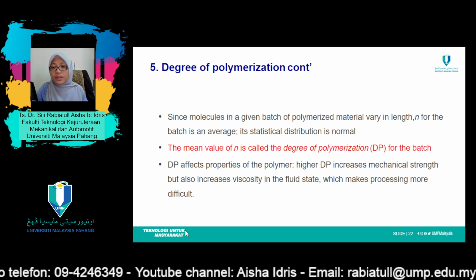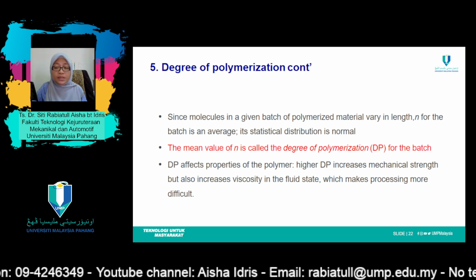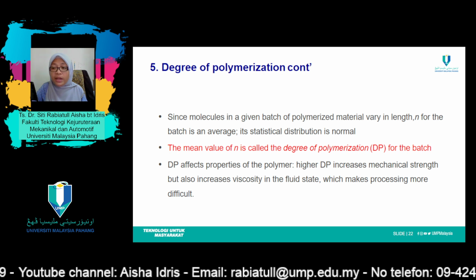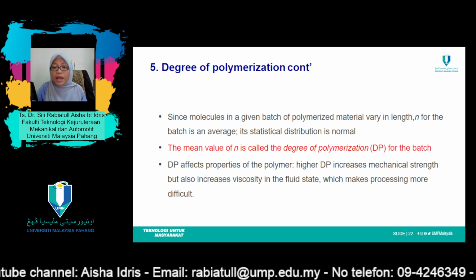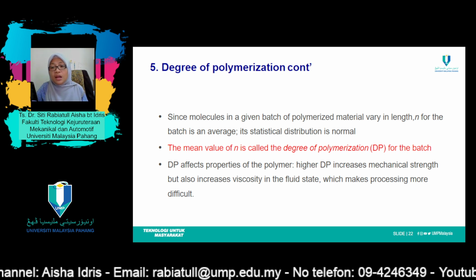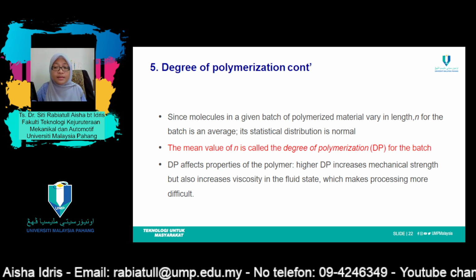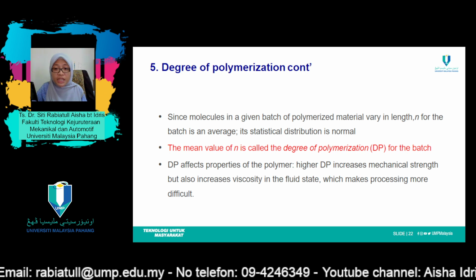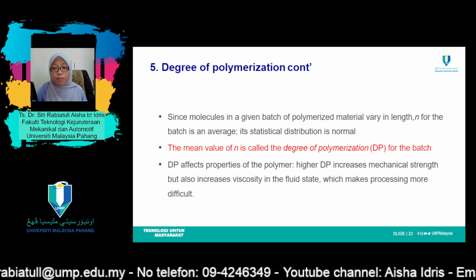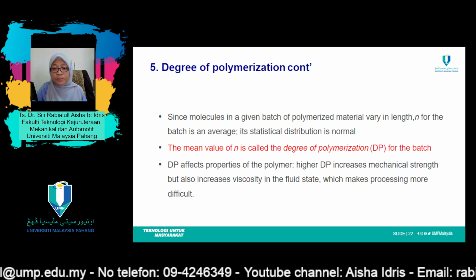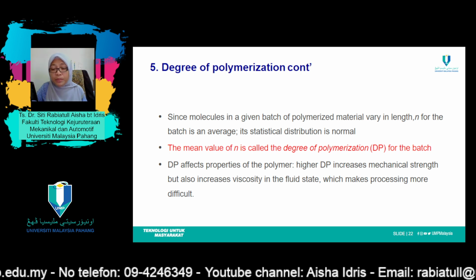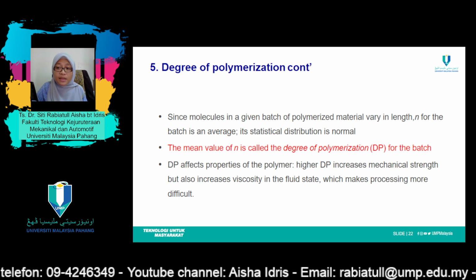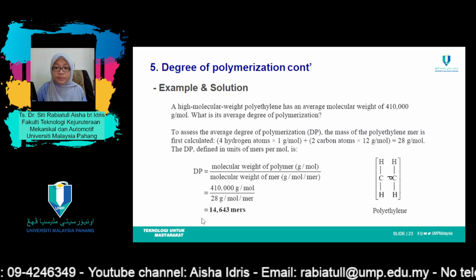Since molecules in a given batch of polymerized materials vary in length, n for a batch is an average, and it is a statistical distribution that is normal. The mean value of n is called DP for the batch. DP affects properties of the polymer. Higher DP increases mechanical strength, but also increases viscosity in the fluid state, which makes processing more difficult.